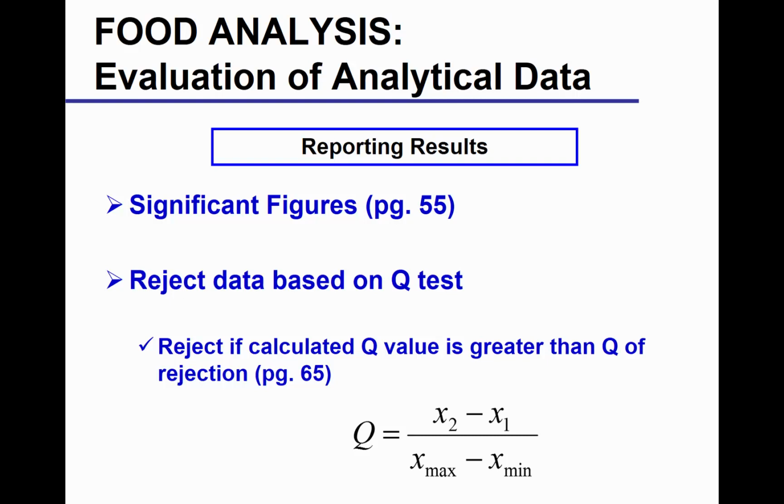Then you divide it by the range of your data, the minimum value and the highest value, and then you would use a Q value table, which is on page 65, I believe.